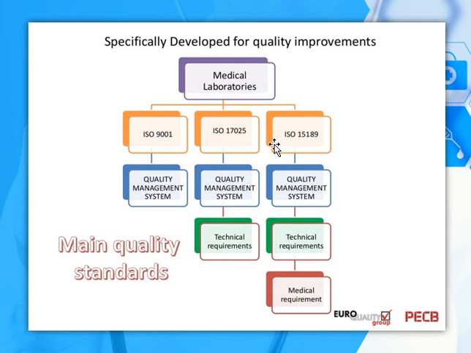And ISO 15189, which is specifically for diagnostic labs, includes the quality management system, technical requirements, and medical requirements. That's why laboratory diagnostics need to use ISO 15189. But for any other labs, such as a reference lab or research lab, they can use only ISO 17025.